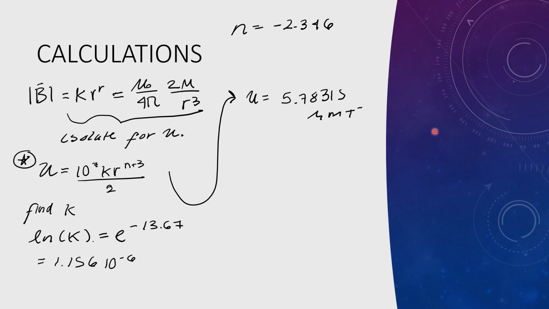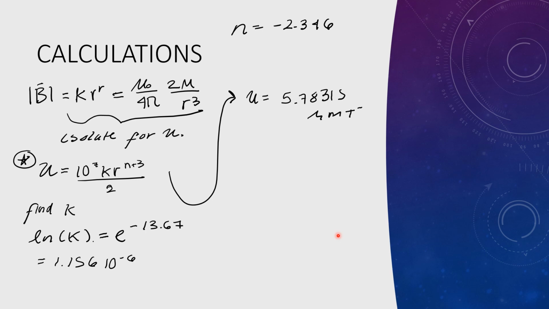Now on to calculations. We apply the Biot-Savart law in order to calculate the magnetic dipole moment. Here is the equation in its two different forms, but they equal each other. First we solve for our K by plugging in our ln in our e to the negative 13.67, which is one of the values that we got from our y-axis in our data that I showed you before.